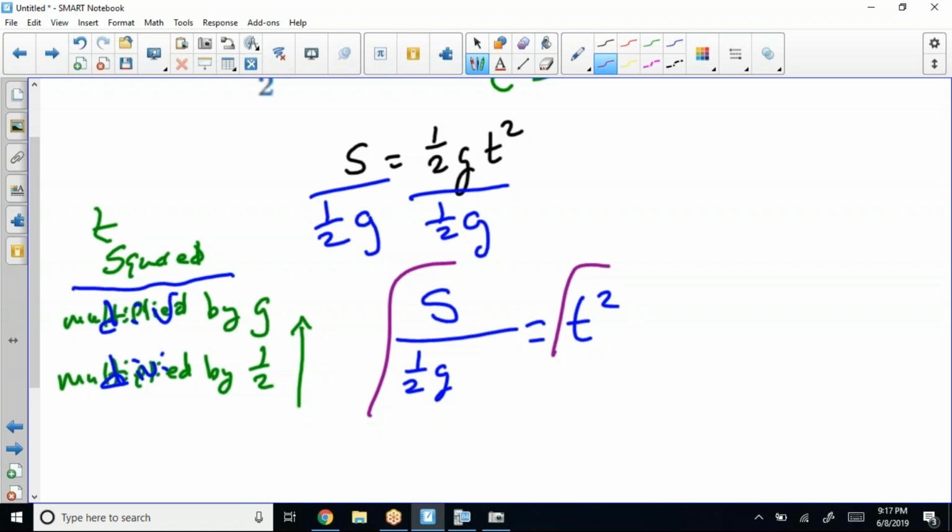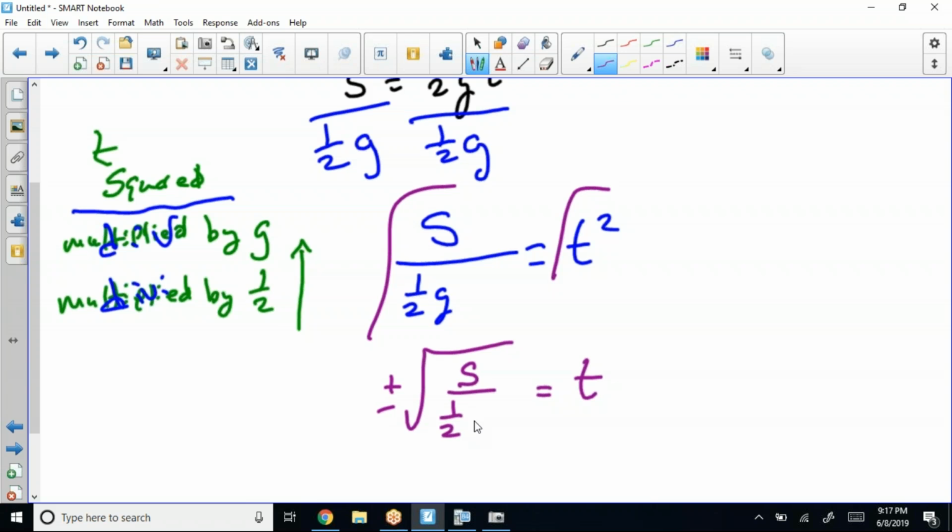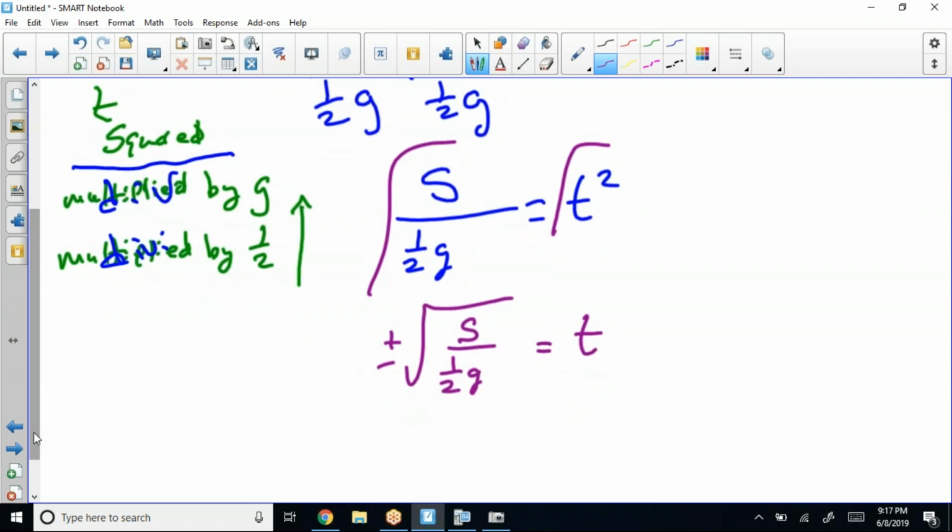Now, t equals plus or minus the square root of s over 1/2 g, right? But I'm going to show you something real quick.